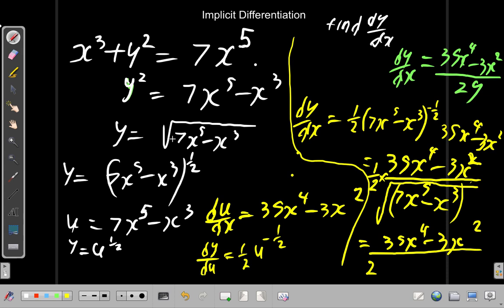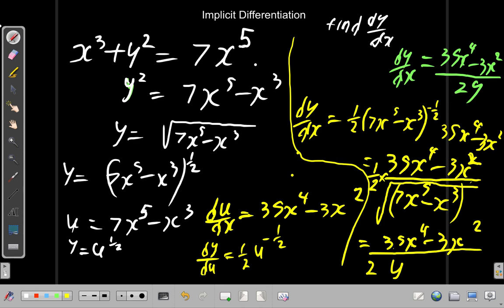Y equals square root of 7x to the 5 minus x cubed. So we might as well just write y. Now what do we get? It's the same thing. 35x to the fourth minus 3x squared up top over 2y down the bottom. So you actually get the same thing.